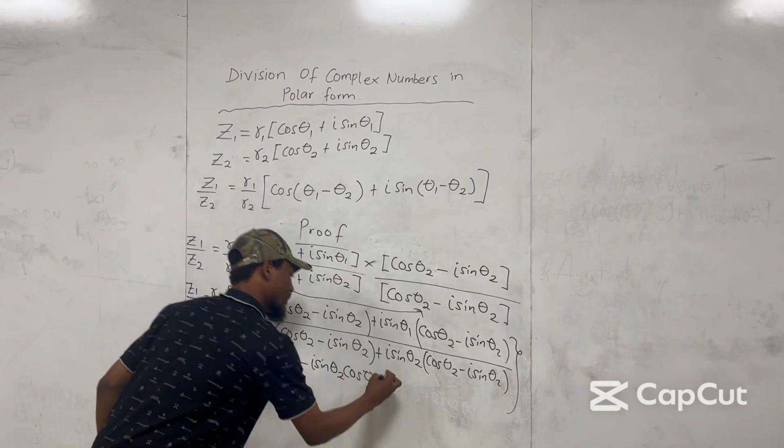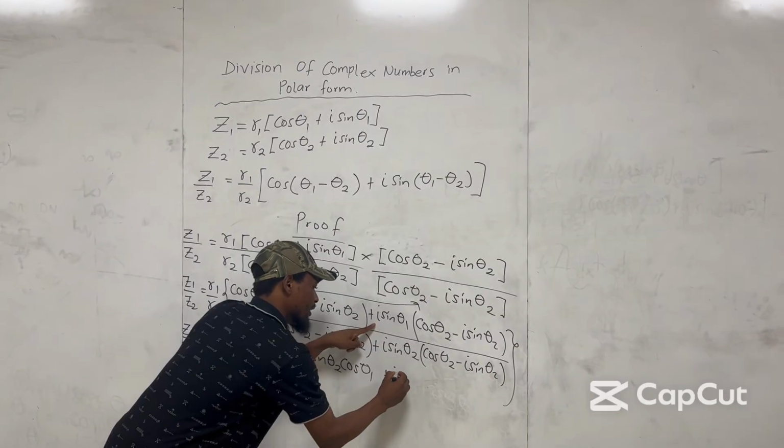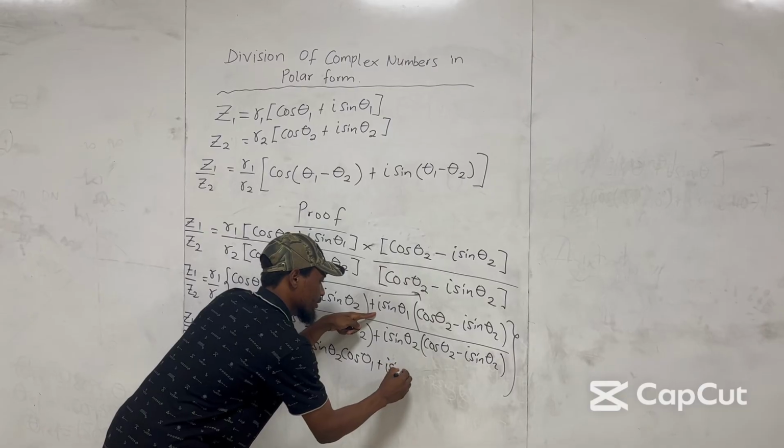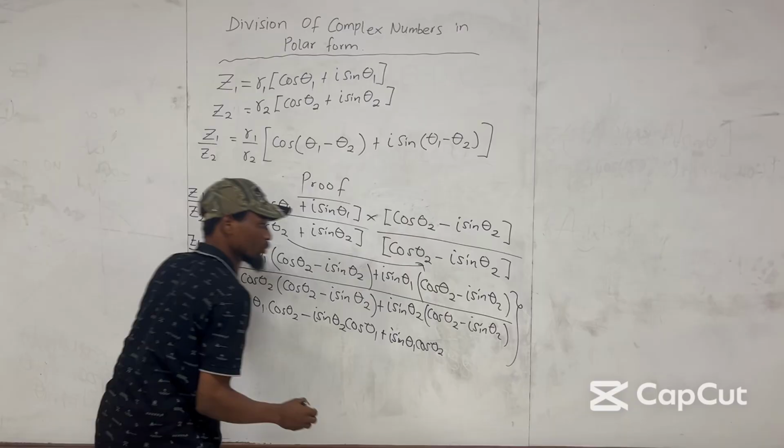Then here I have plus, this by this gives I sin theta 1 cos theta 2.